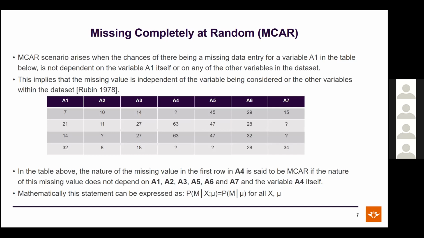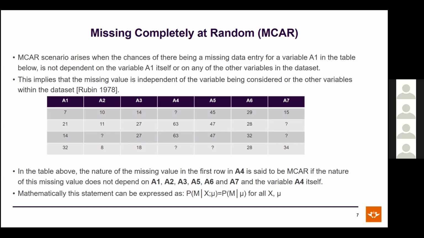So when the data for A1 or monthly income is not dependent on the variable of interest itself, that is the monthly income. It sounds sort of counterintuitive, but basically we're saying that variable doesn't depend on monthly income itself.